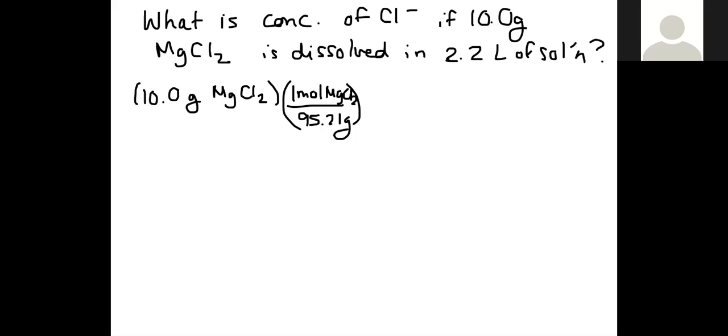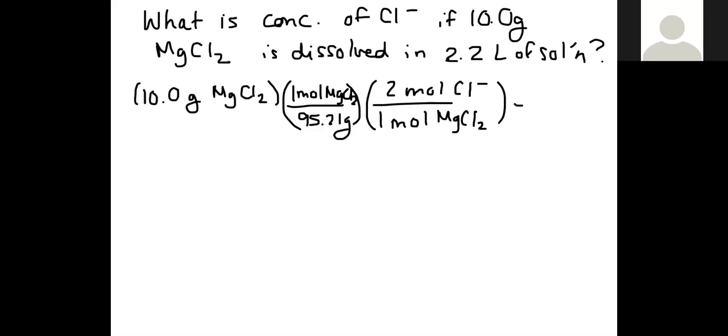So what I'm going to do is use my molar ratio. So 1 mole of MgCl2 gives me 2 moles of Cl-. And now I've doubled the number of moles, which gives me 0.210 moles of Cl-.